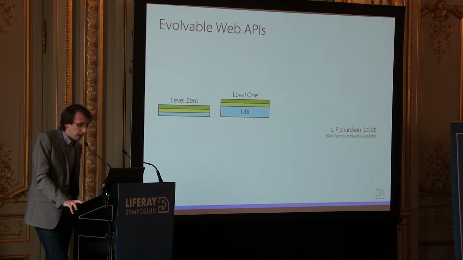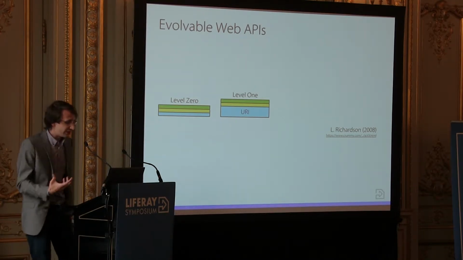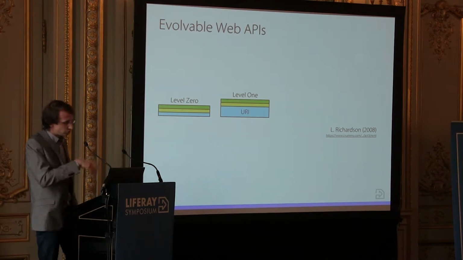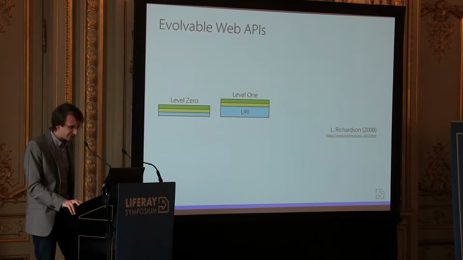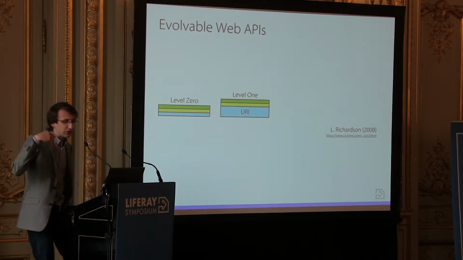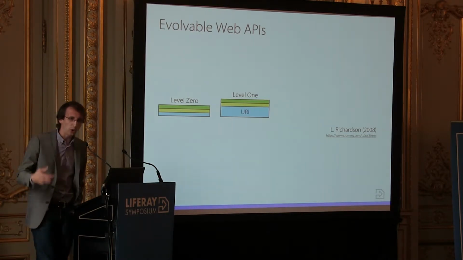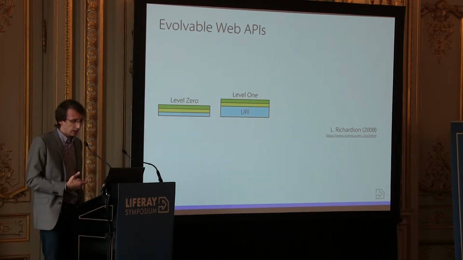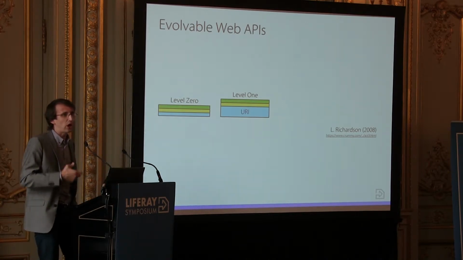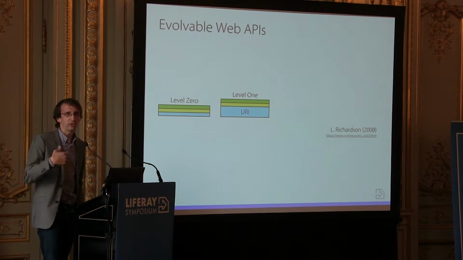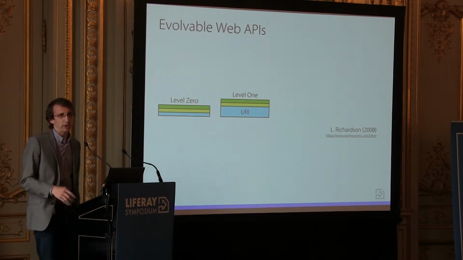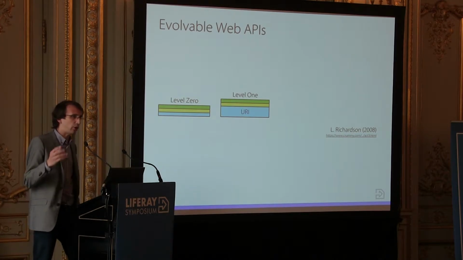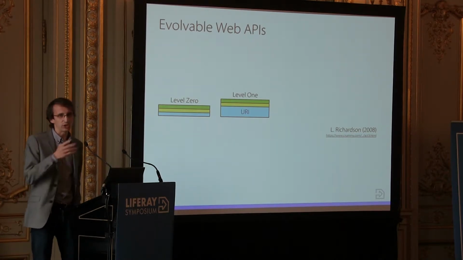And according to people like Richardson or Fielding, URLs should only contain nouns. If there are verbs inside your URL, that's usually a sign of not being restful. And we have plenty of verbs in our API. That's because our API is auto-generated from the Java code, right?